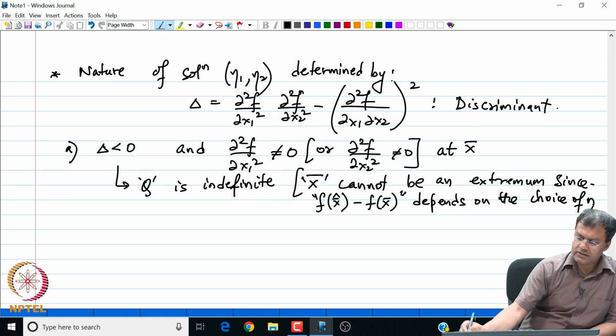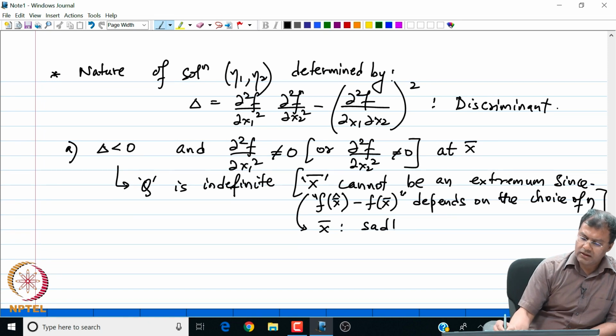In this case my x bar is also known as the saddle point.